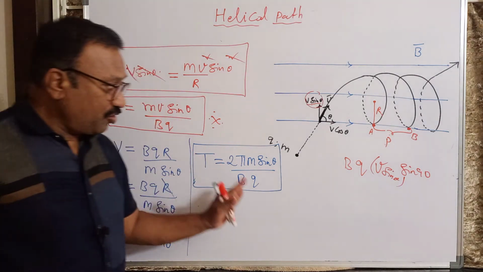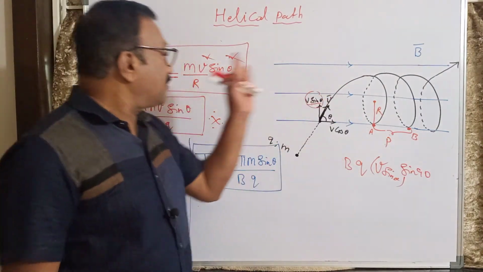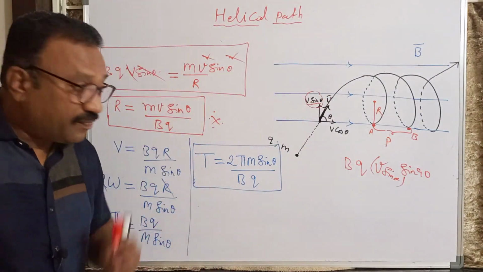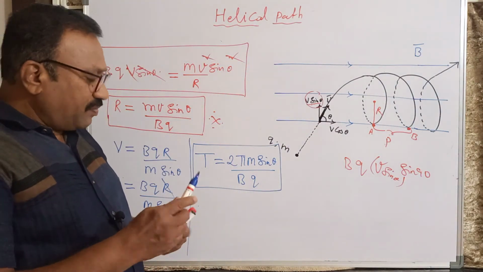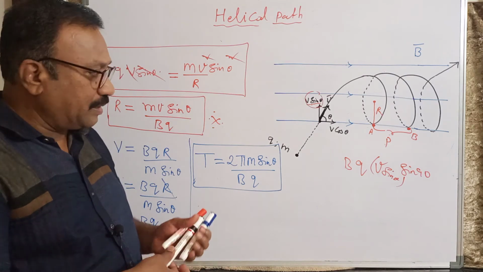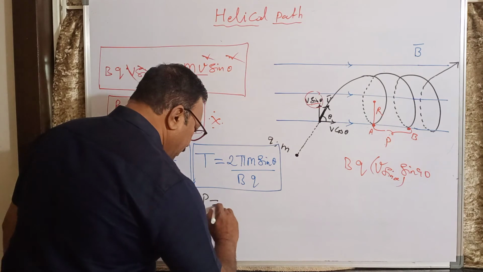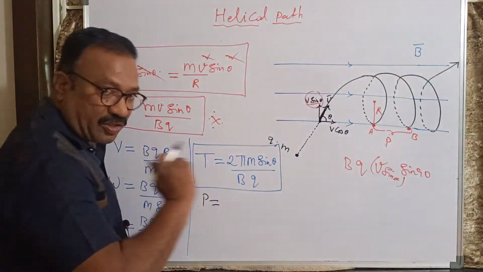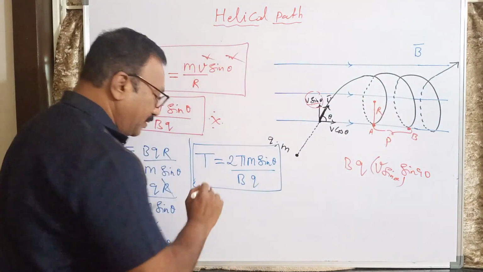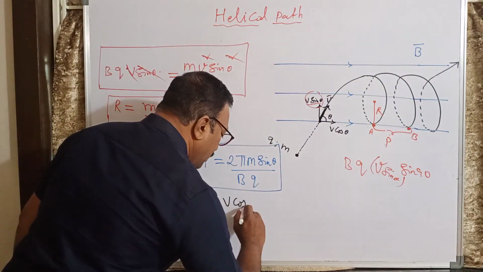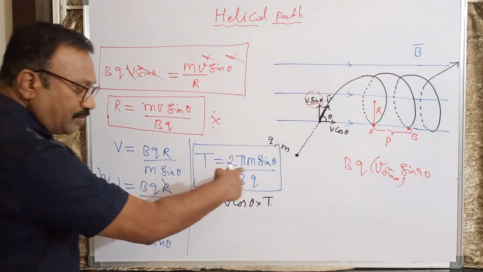The time period of revolution, the time period of a helical path, I have found, and the radius of the helical path I have found. Finally now, the pitch of the helical path. The pitch of the helical path is nothing but a horizontal distance. So the pitch P, that is nothing but AB, the horizontal distance, is horizontal velocity into time of one revolution, that is V cos theta into time of one revolution.